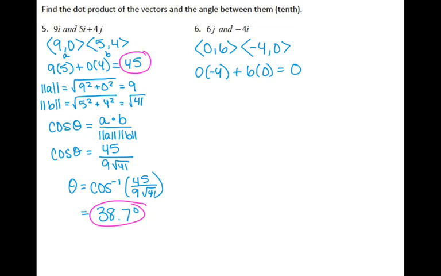You can go through this entire process like we did for the first one, or you can recognize that your dot product is 0. Anytime I have two vectors and the dot product is 0, that means they are orthogonal, and orthogonal means perpendicular. So that means the angle in between is 90 degrees. Might as well save yourself the extra work.